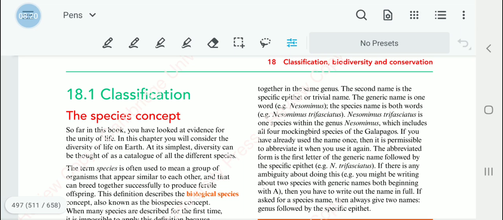Nesomimus trifasciatus is one species within the genus Nesomimus. Inside the generic name Nesomimus, there are many different species. One of them is Nesomimus trifasciatus. So these are different types of mockingbird species of the Galapagos.